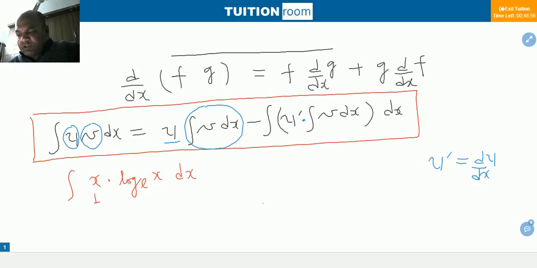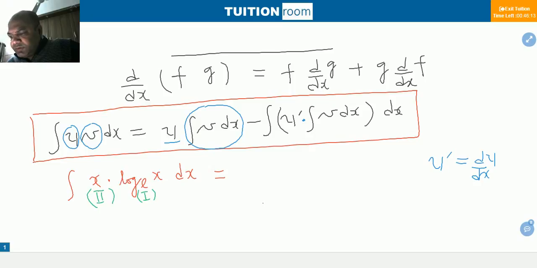We'll do first function into integral of the second function, that will be x squared by 2, the integral of x, minus differential of first function, that is 1 by x, differential of the logarithm, into integral of second, that is x squared by 2, for integration of this completely.